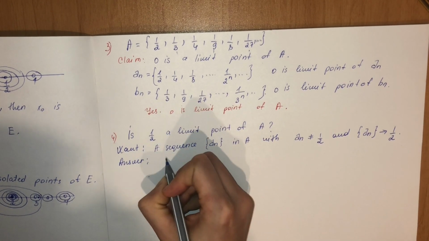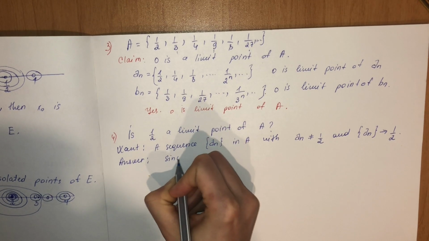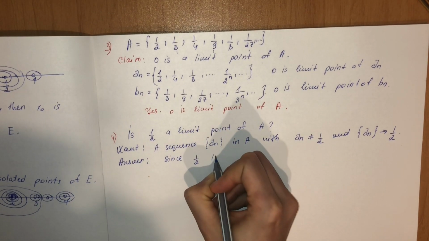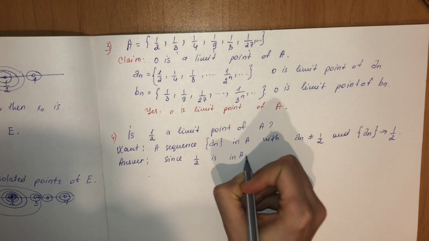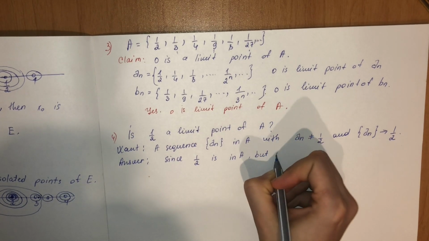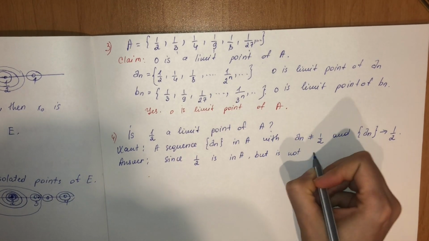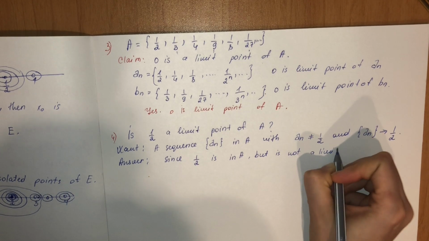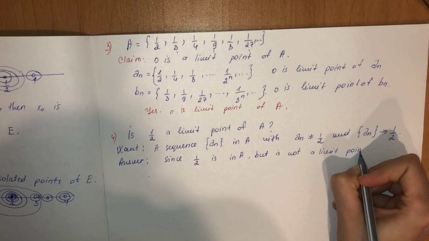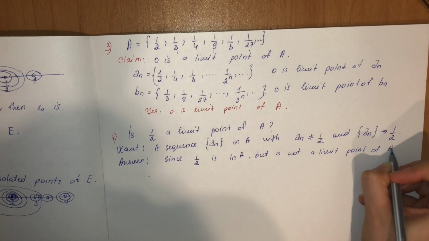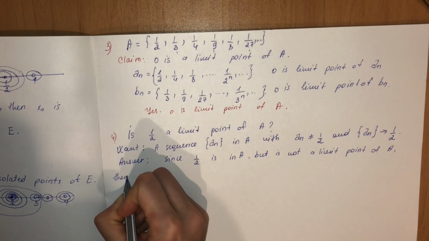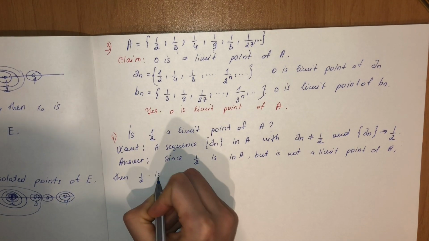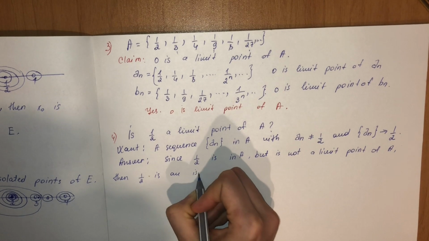The answer is that since 1 over 2 is in A, but is not a limit point of A, then 1 over 2 is an isolated point.